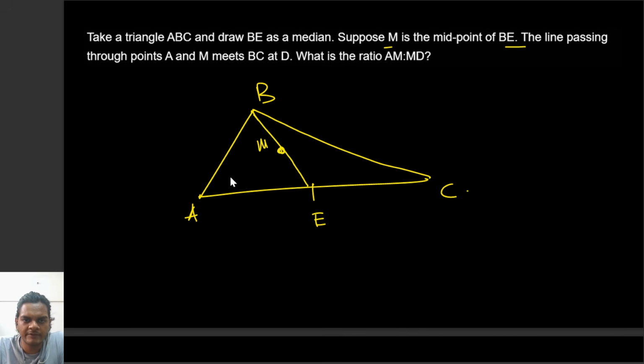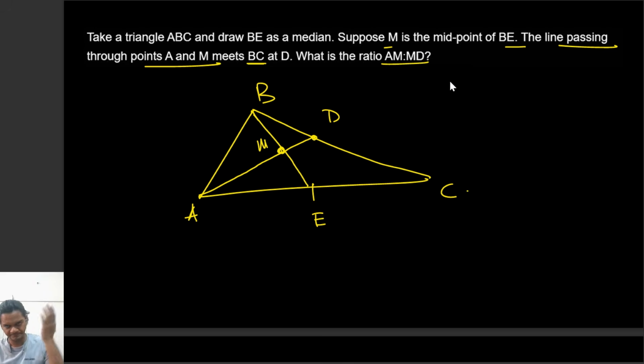M is the midpoint of BE. The line passing through the points A and M meets BC at D. So if I join AM and extend it, it meets here at D. What is the ratio of AM to MD? This is the question. Again, if you want to pause the video, you can pause and try.